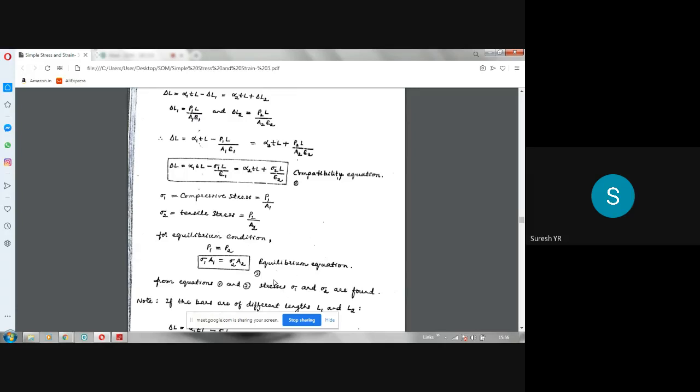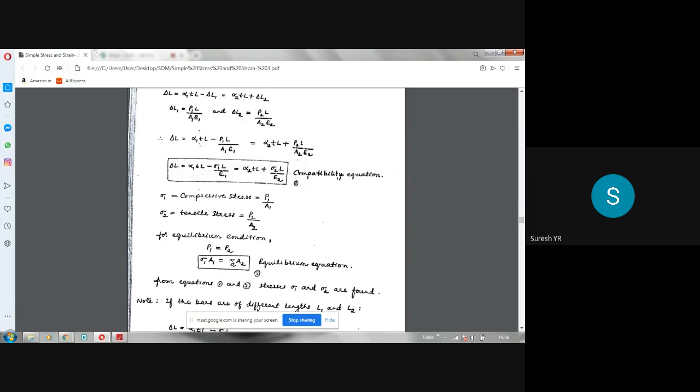Totally, the effect should be zero, so each one of them should nullify the effect. So P1 is equal to P2. That means sigma 1 A1 should be equal to sigma 2 A2 in the case of compound bars. So this is the equilibrium equation, and this is the compatibility equation. Similar equations we got earlier also.